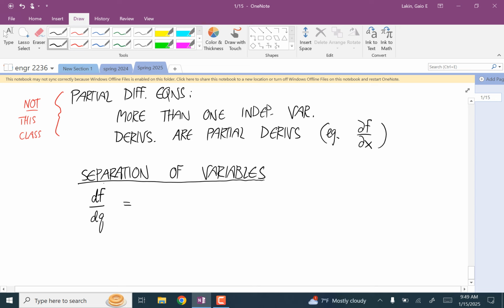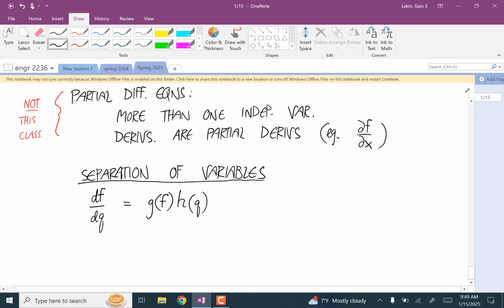You have to be able to write it as a function g of the dependent variable times a function h of the independent variable.